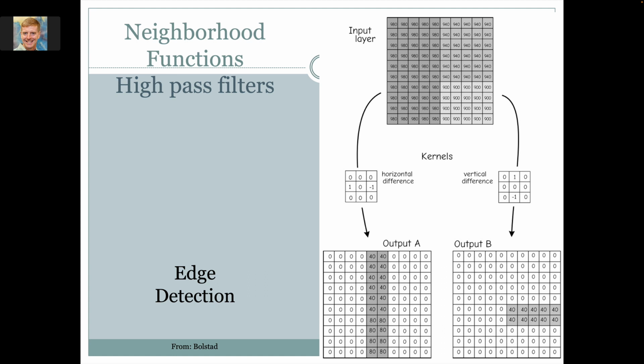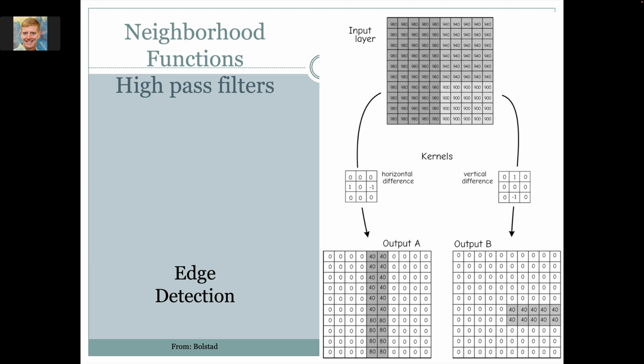If we look at the example on the right, where we're looking for a vertical difference, so we're looking for a difference as we're moving from the top to bottom of our page, we use that sort of kernel where we have, once again, a value of 1 and -1. It's not going to detect that edge that was detected in output A at all, because it's just not seeing that difference. It's actually only seeing it in 2 of the grid cells.